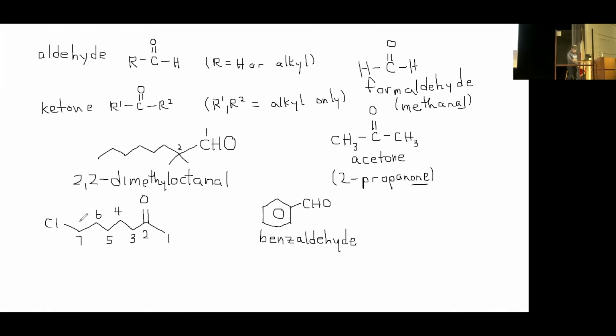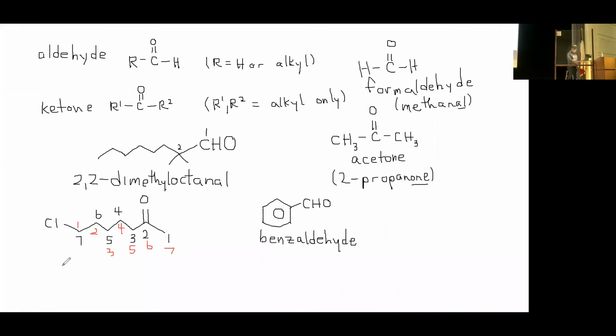You remember this, if you don't know which way to number, try both ways. Well, isn't that interesting? I just feel really weird using the red numbers. It just doesn't feel right to call this 1-chloro-6-heptanone. Seems really weird.